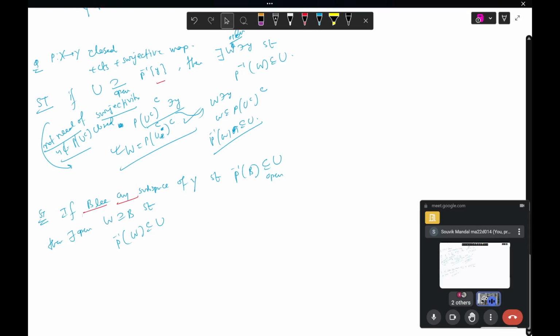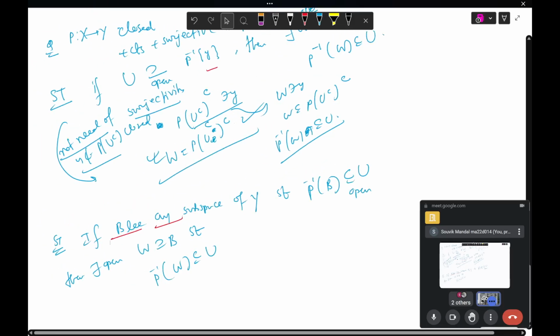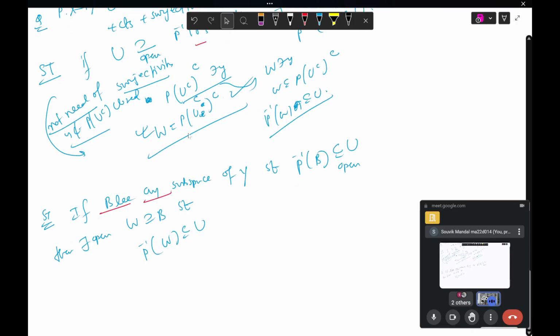We can give the argument directly, but using the first part, do the next part. So try to solve this using the first part of this problem.